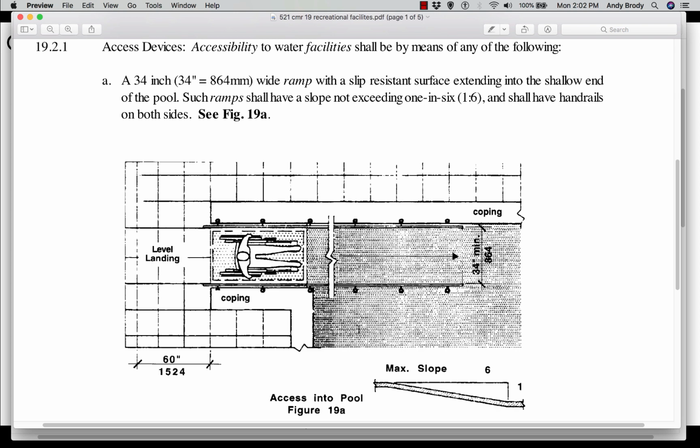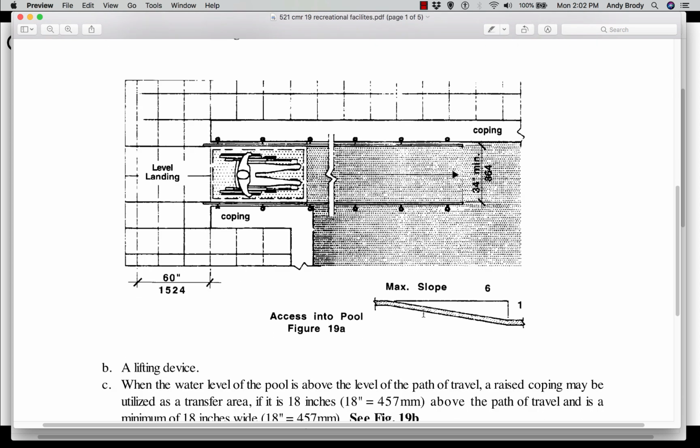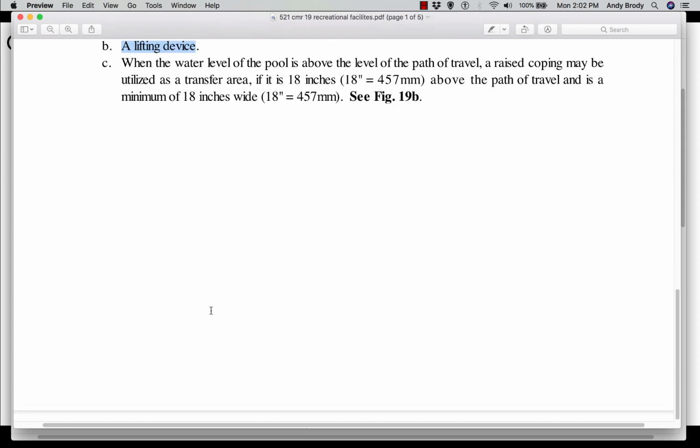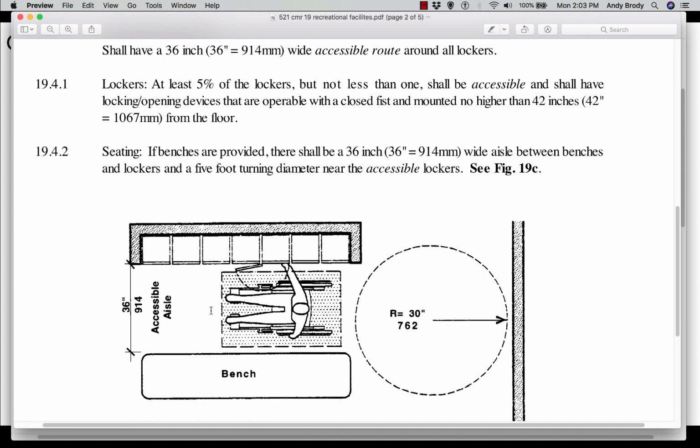But this is exactly what the accessibility code requires. And I have seen these in public swimming facilities, these railings that basically head right into the water. The lifting device is probably what a lot of you will opt for. Either way, make sure you read through this section to make sure you understand what is required.